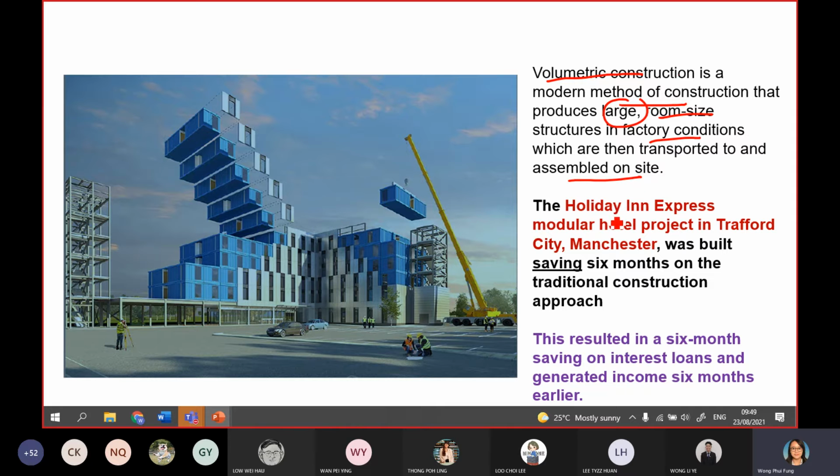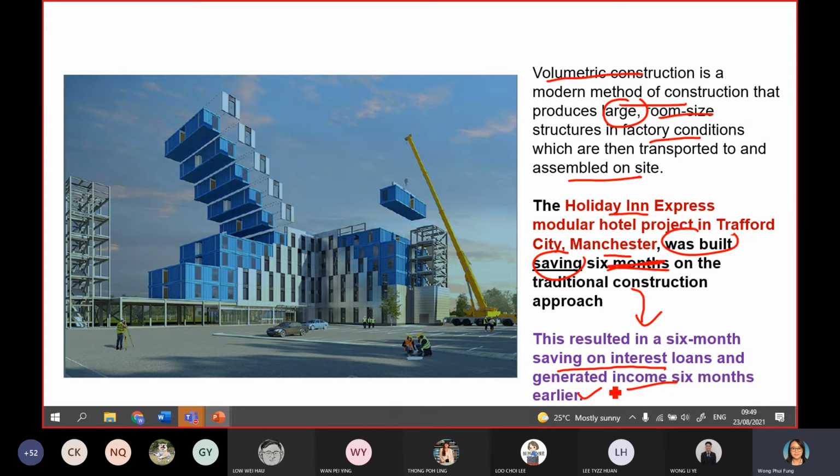This project, Holiday Inn Express in Manchester, was built saving 6 months. They saved 6 months on the traditional construction approach. What is the consequence? This resulted in a 6-month saving in interest loan and generated income 6 months earlier.